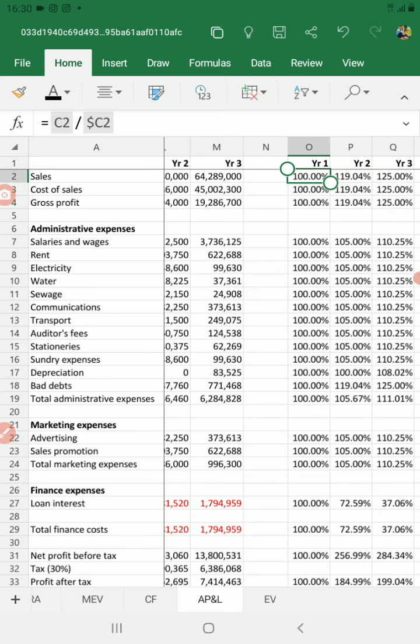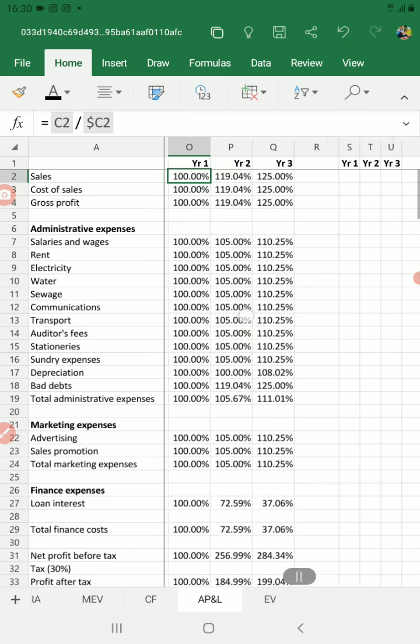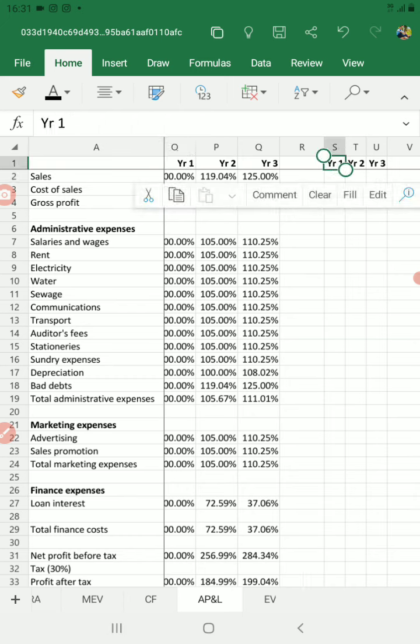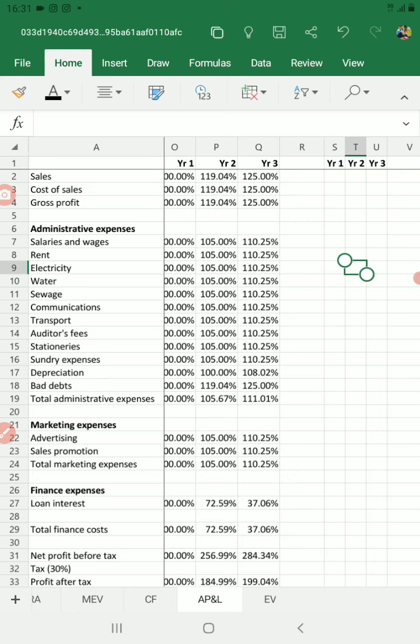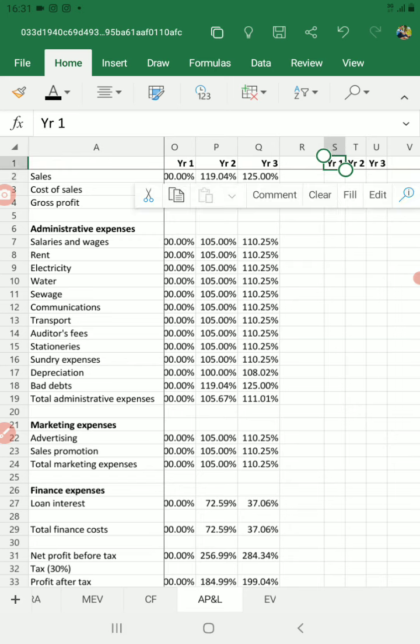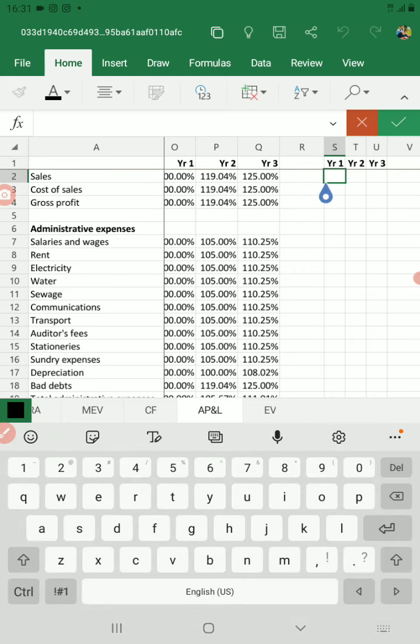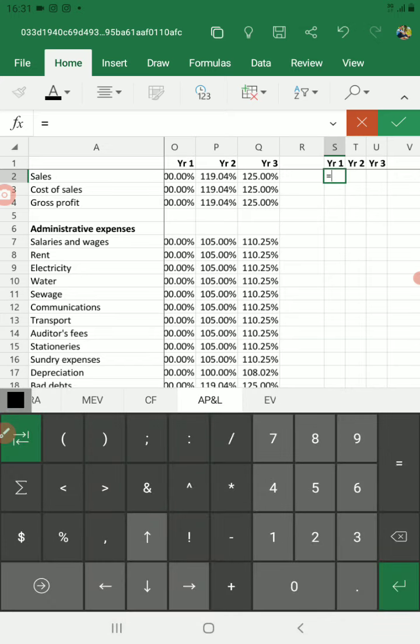So we are done with this, and the other approach now is comparing between the current and the previous. Okay, so in this case, if we start here, let me start with equal sign.